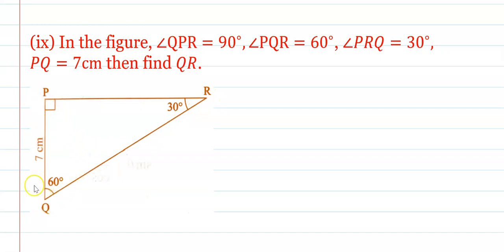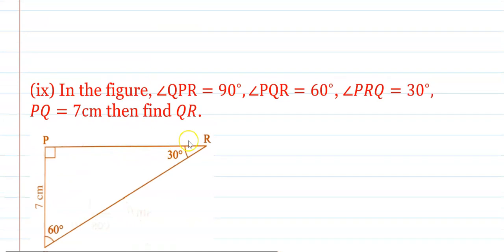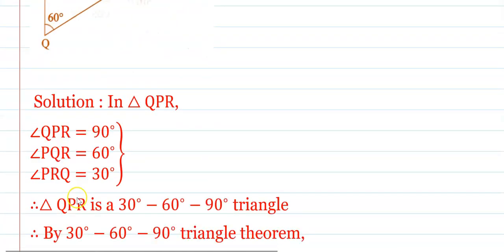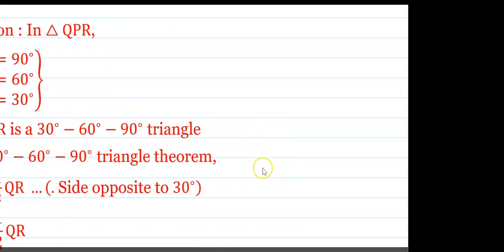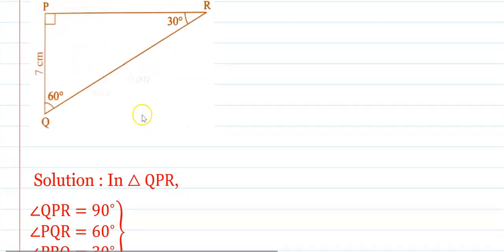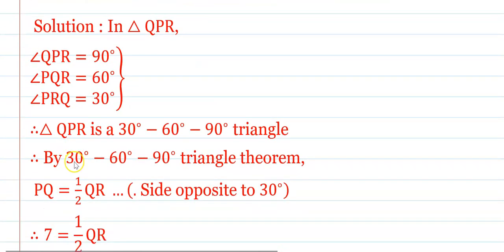It is given that PQ is equal to 7 centimeter. By the 30, 60, 90 theorem, in triangle PQR, angle P is 90, angle R is 30 degrees and angle Q is 60 degrees. Therefore, triangle QPR is a 30, 60, 90 triangle. The side opposite to angle 30 is half of the hypotenuse. We have to find the hypotenuse.